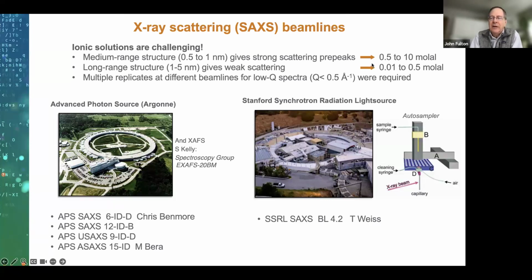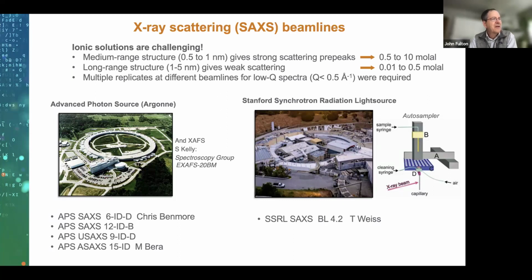At moderate concentrations, 0.5 up to very high concentrations, it is relatively easy to measure the SAXS spectra, these pre-peaks. But when you go down to dilute solutions from 10 millimolar up to 500 millimolar, the scattering is extremely weak.